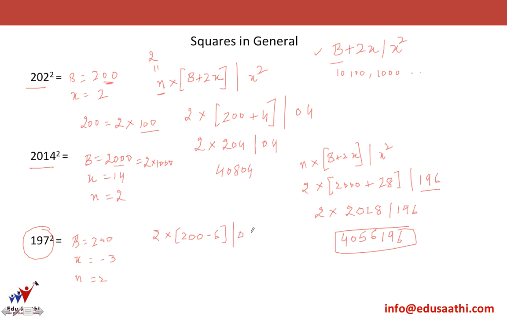So I'll have 9 here. So the answer is going to be 2 multiplied by 194 slash 9. So the answer is 18, 39809. I hope this is clear.